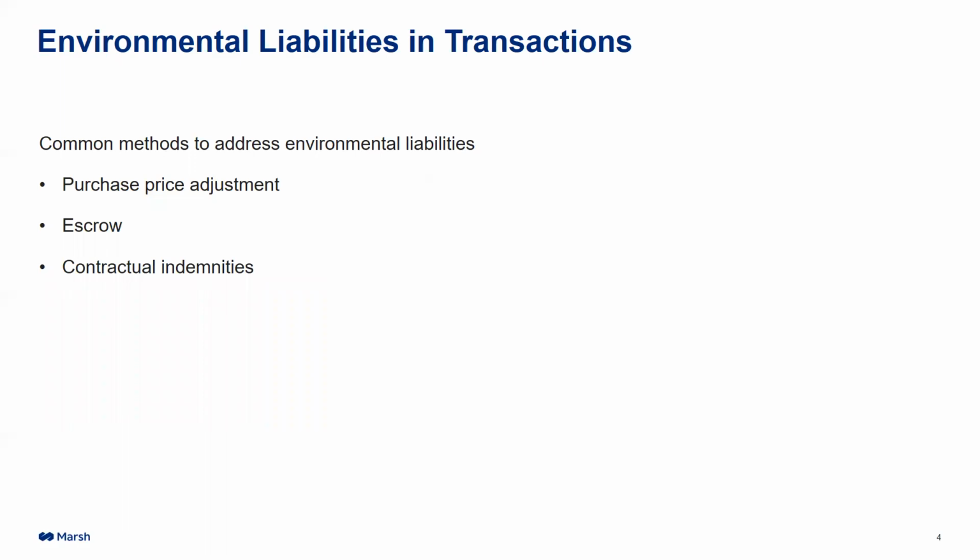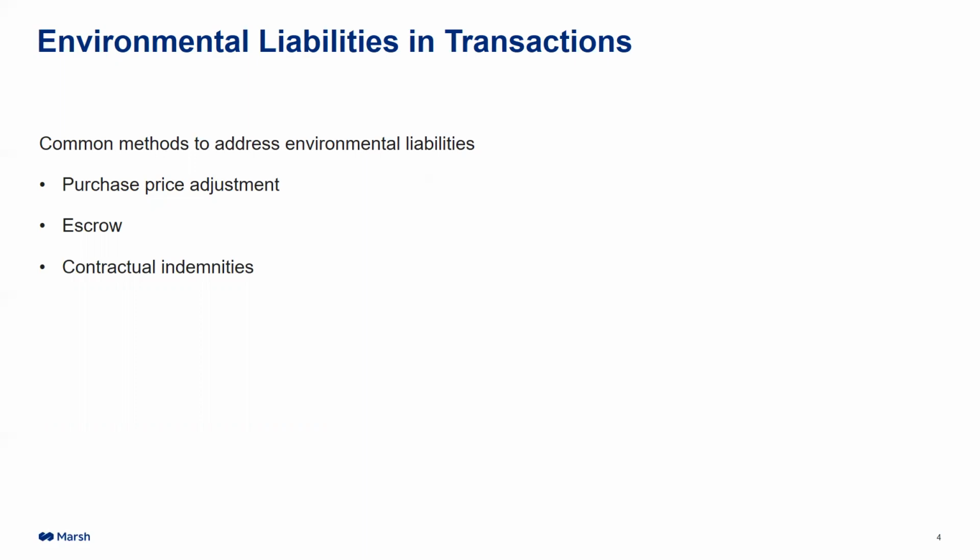There may be escrows set up that one or both parties can tap into. And then most commonly, there's always going to be contractual indemnities where liabilities are probably going to be split up between the parties. And each party is going to assume liabilities and indemnify the other. So there'll be an indemnitor, an indemnitee, and that will be it.